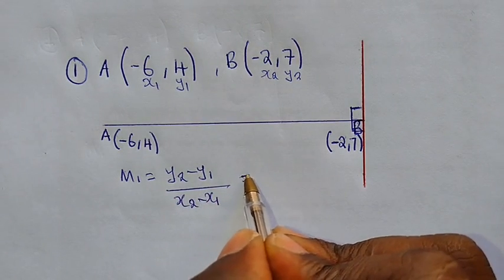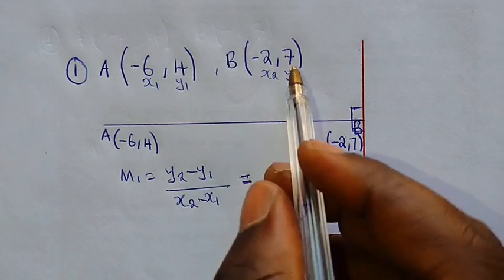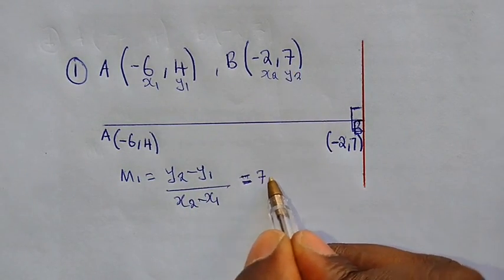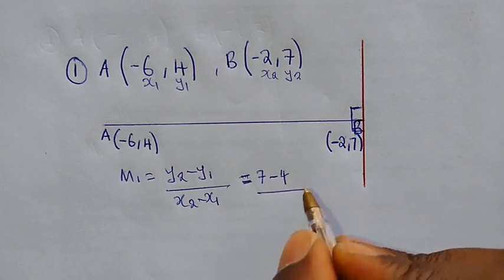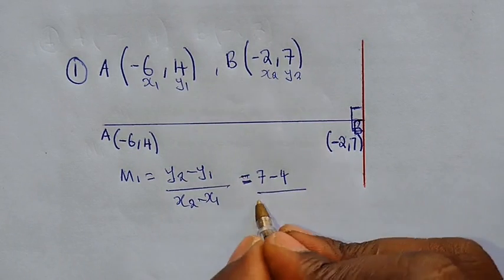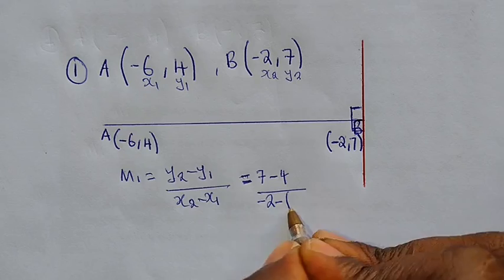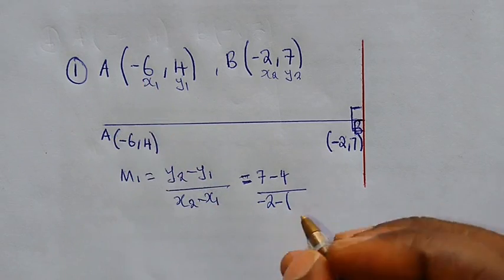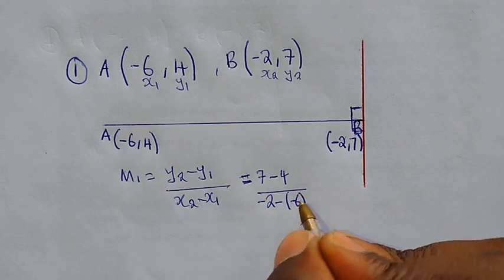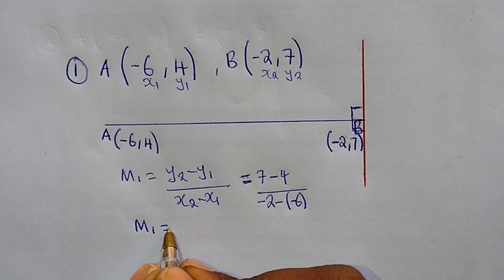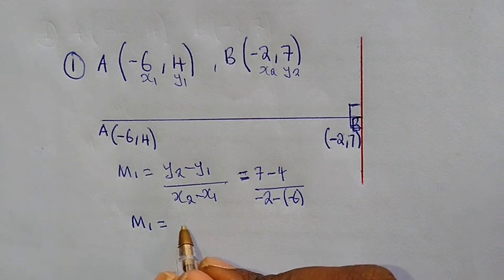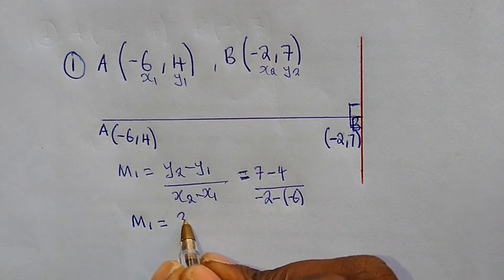So from here, we substitute in the points. Our y2 is a 7 right here. 7 minus our y1, which is a 4, over our x2, which is negative 2, minus our x1, which is negative 6, so put it in brackets. So m1 is equal to 7 minus 4, this will give us a 3.